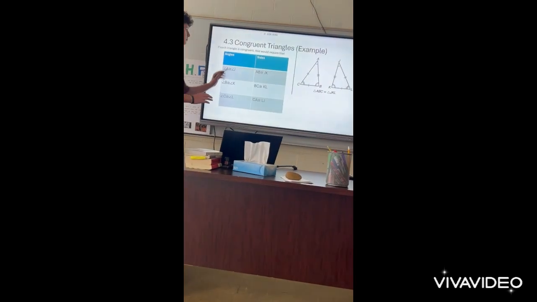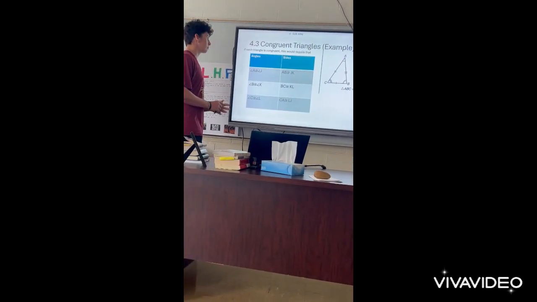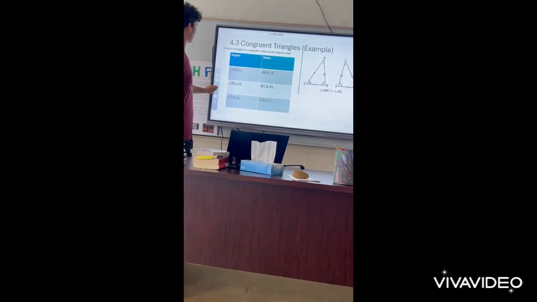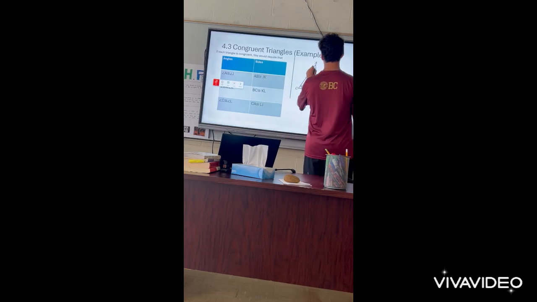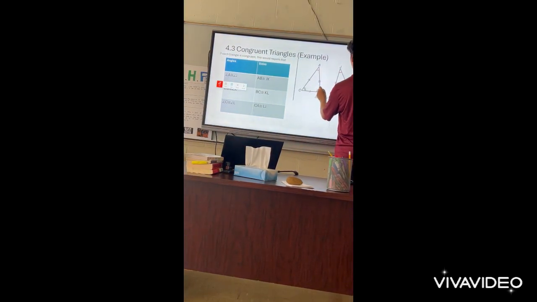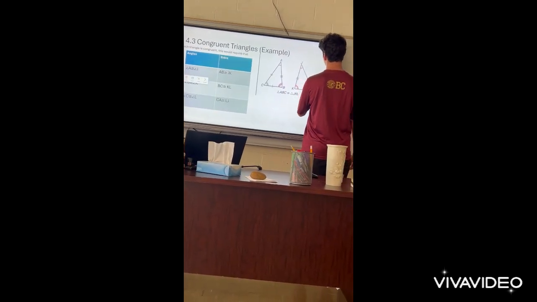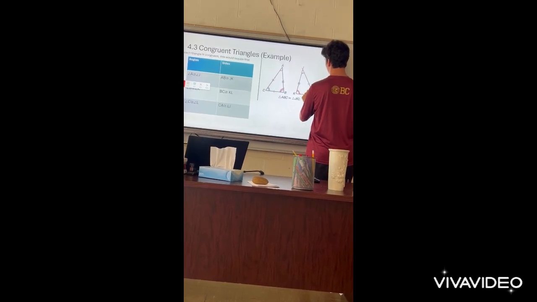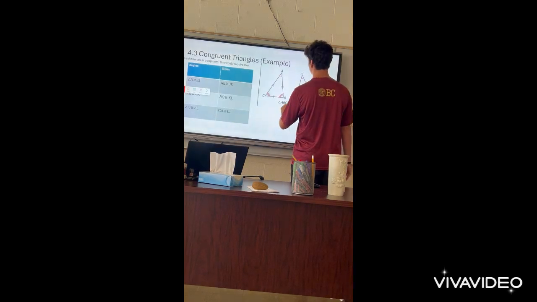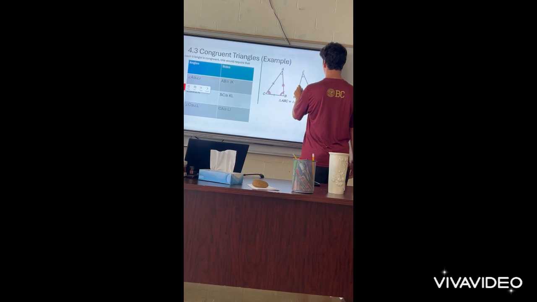An example of this would be with the triangle ABC, which is congruent to JKL. For angles, angle A will be congruent to angle J. Angle B will be congruent to angle K. And angle C will be congruent to angle M. For sides, line AB will be congruent to JK.